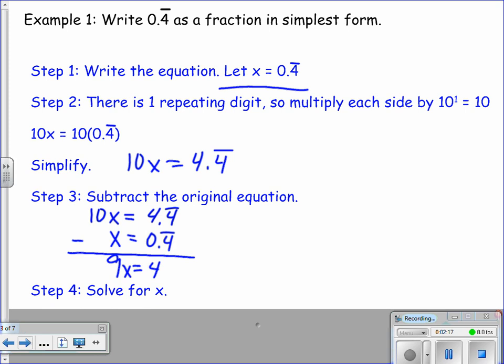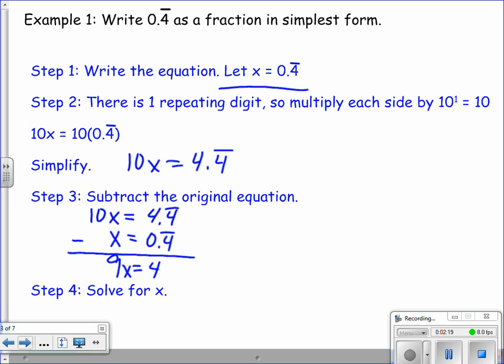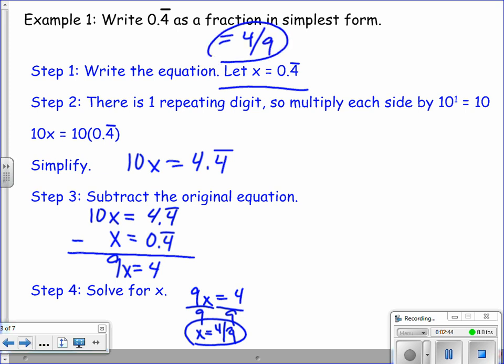And in step 4, we need to solve this for x. So if we have 9x equals 4, to get x by itself, we need to divide by 9, and we get x equals 4 ninths. So 0.4 repeating as a fraction in simplest form is 4 ninths. That doesn't really look very neat. My 9's a little slim, so there we go.